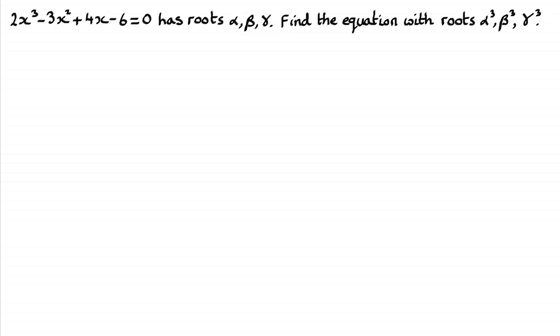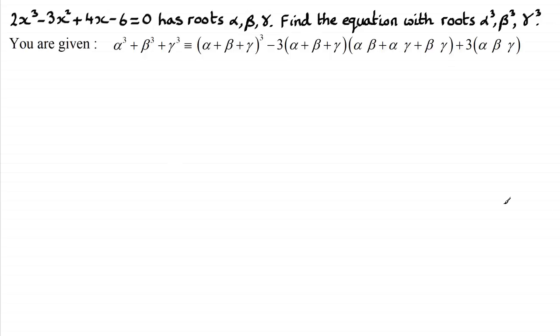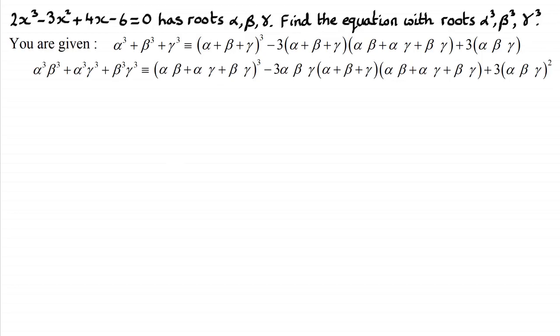Now we're also given this identity. The sum of the cubes of the roots, alpha cubed plus beta cubed plus gamma cubed, is identical to this result here. And we're also given another identity, the sum of the product pairs of the cubes of the roots: alpha cubed beta cubed plus alpha cubed gamma cubed plus beta cubed gamma cubed is identical to this expression here.